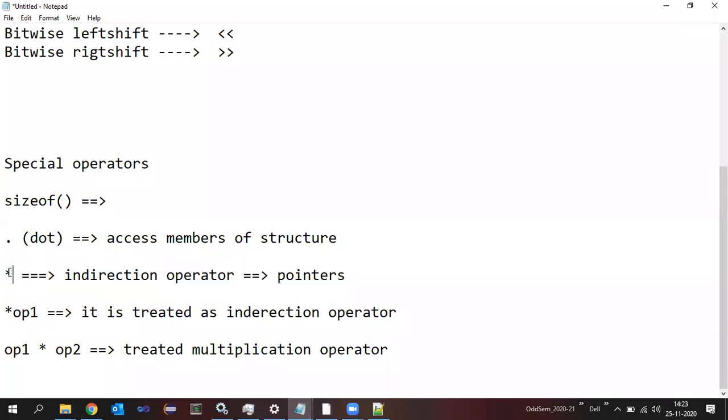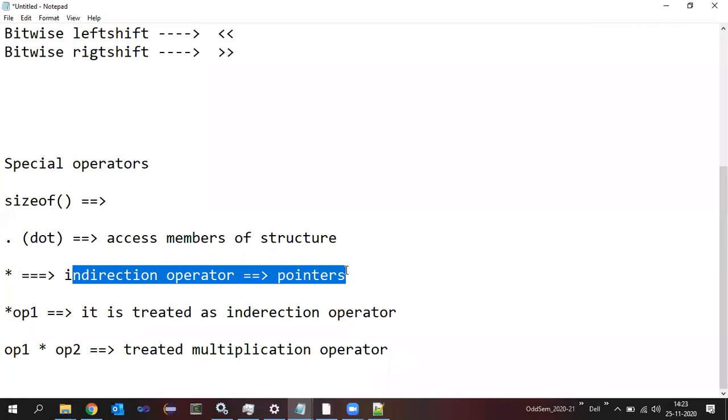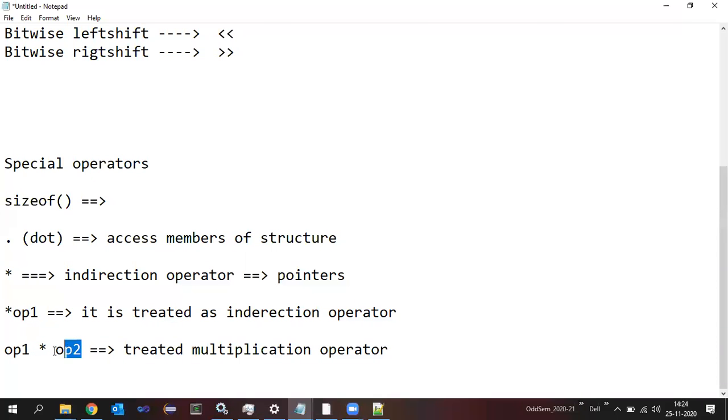During that time, you will study the concept of star, the indirection operator. As of now, just remember that star can be used as unary as well as binary. If it is unary, it is called the indirection operator, which is used in pointers. If it is binary, operating upon two operands, then it is treated as multiplication. Is that clear now?